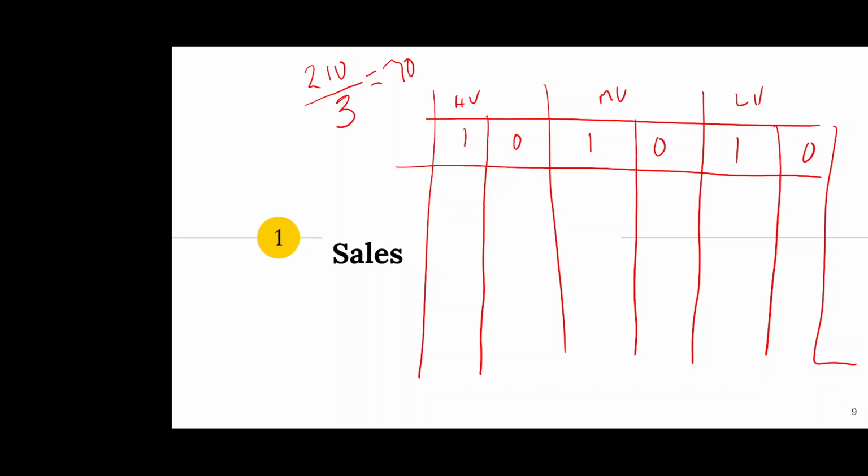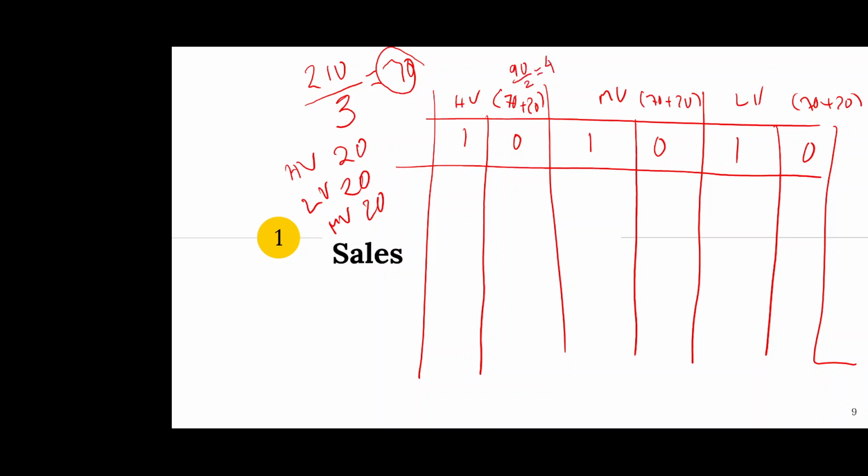Over here I didn't make space for what I wanted to show, but it's okay. We have 70, and then we have 20 for each segment. So 20 for high valuation enter the market every year, 20 for low valuation, and 20 for medium valuation also enter the market. So we have 70 plus 20 for each segment. 70 plus 20 is a total of 90, which will be divided by 2 to find the buyers versus non-buyers.